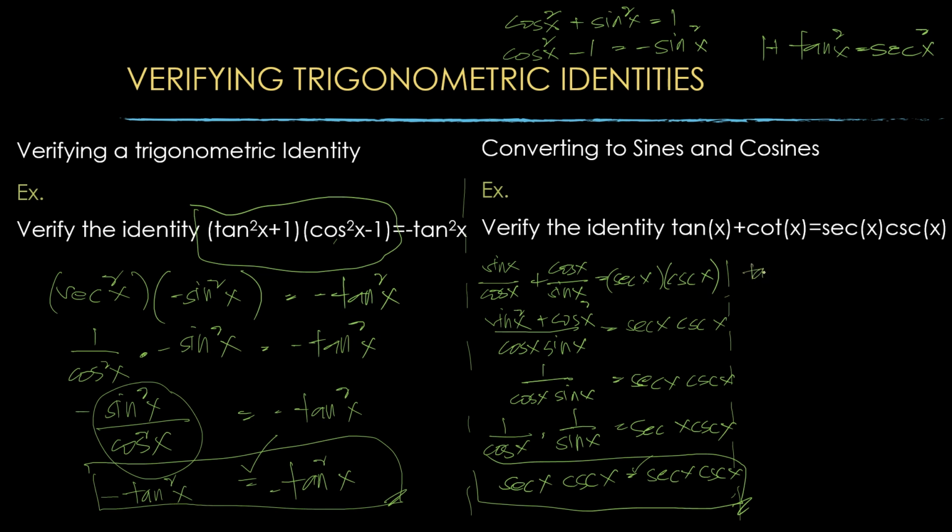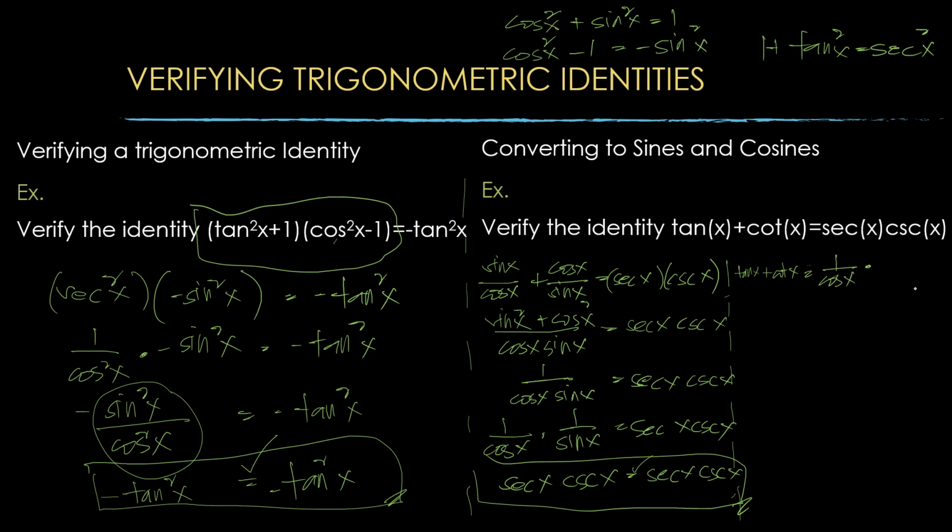If you try to start from the right side of the equation, secant of x times cosecant of x: what is secant of x equal to? 1 over cosine of x.